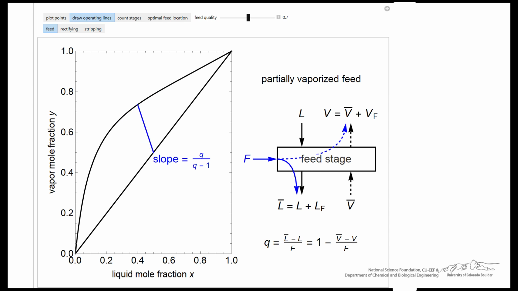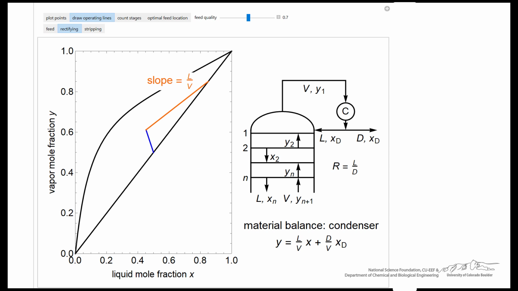The diagram on the right shows how the feed is distributed. Partially vaporized feed, some of it goes into the liquid stream, and some of it goes into the vapor stream. By selecting that, it shows the slope that we talked about previously for the operating line, and the diagram corresponding to that.